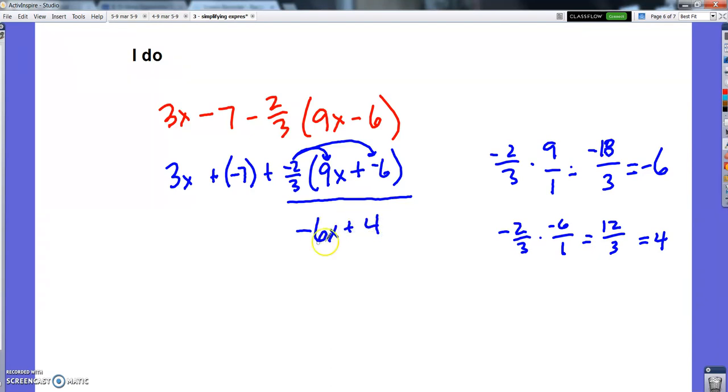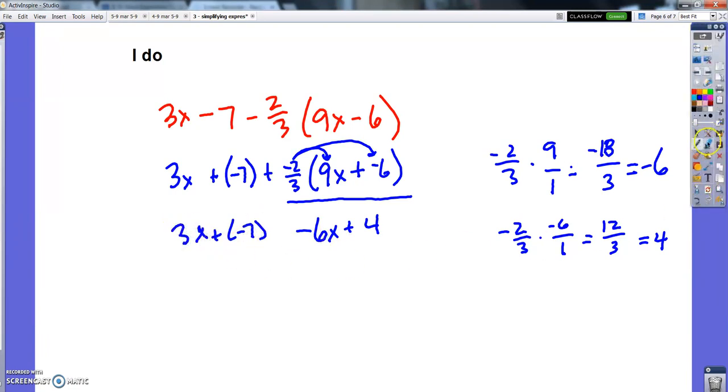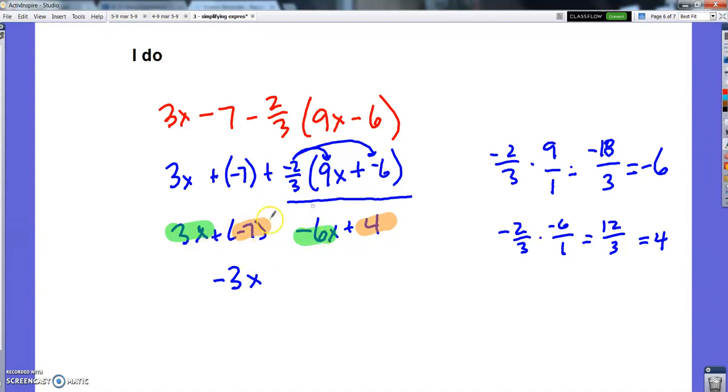So after my distributive property, I have that plus negative 7 plus 3x. And now I obviously have some like terms I can combine, x's and numbers, to get negative 3x and negative 3.